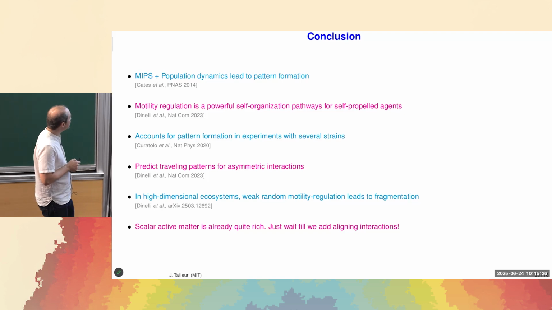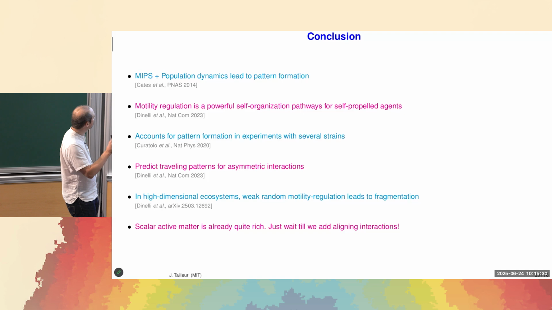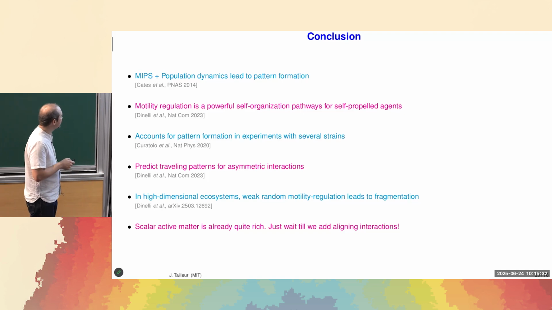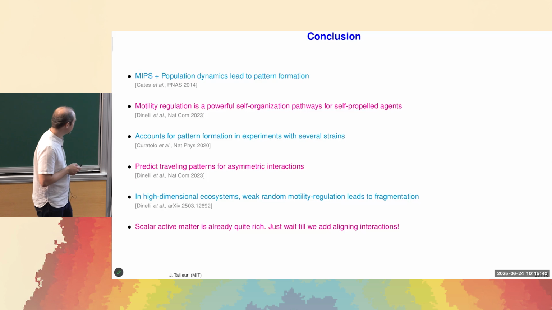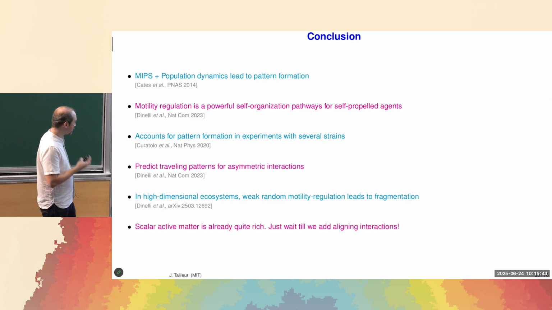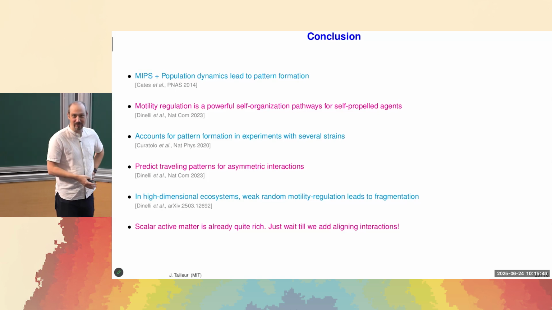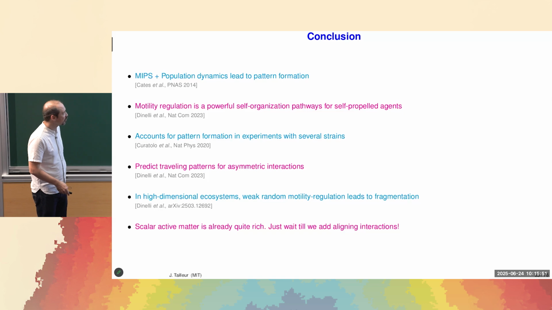You get these nice traveling patterns that we haven't seen experimentally because they have not engineered the asymmetric interactions, and that's something that we would really like to do. And in high-dimensional ecosystems, you also have very nice phase separation. So I hope that this convinces you that scalar active matter is already quite rich, and just wait till the second half of the lecture when we put in aligning interactions and things become even more complicated.